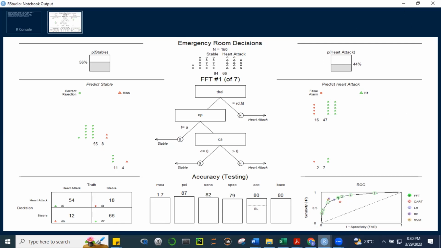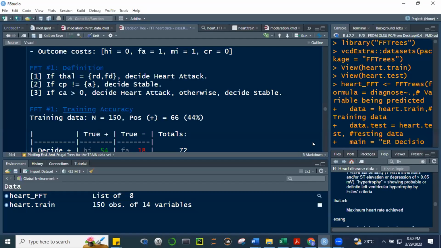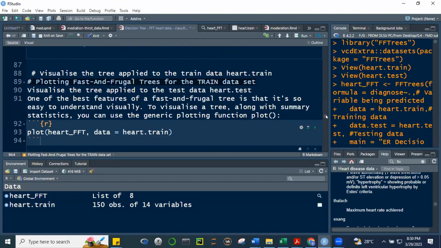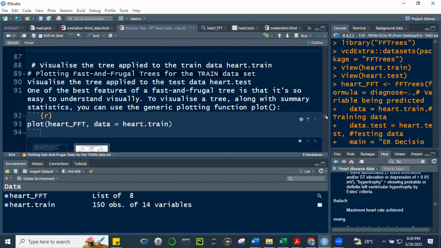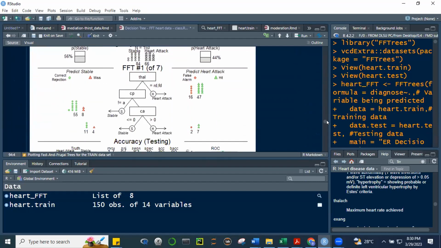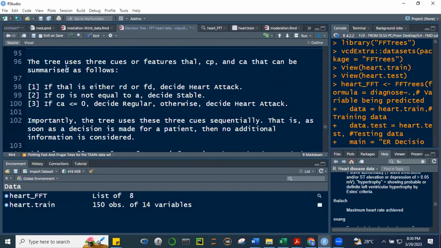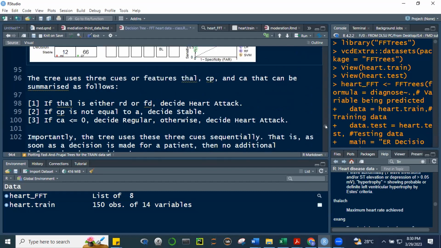All right, so let me go back there to our model. Okay. Ito yung decision tree niya. So 3 lang yung Qs natin, no?